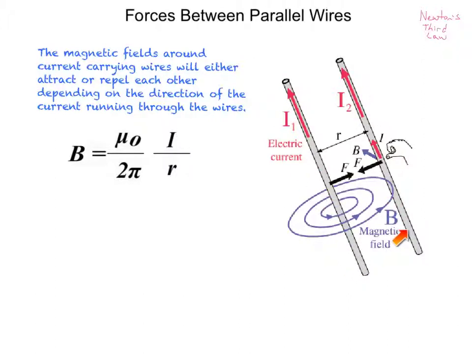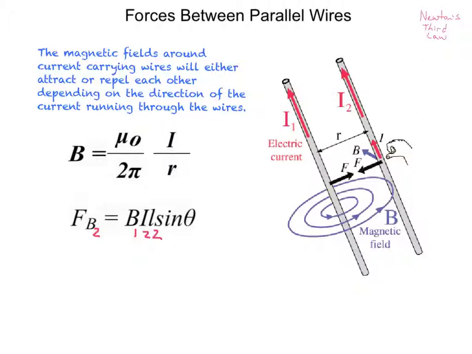So, if we want to find the force on wire 2, which is going to be equal to the force on wire 1, we're going to use this equation here we call Bill. So really what this is saying is the magnetic force on wire 2 is equal to the magnetic field set up by wire 1 times the current in wire 2 times the length of wire 2.